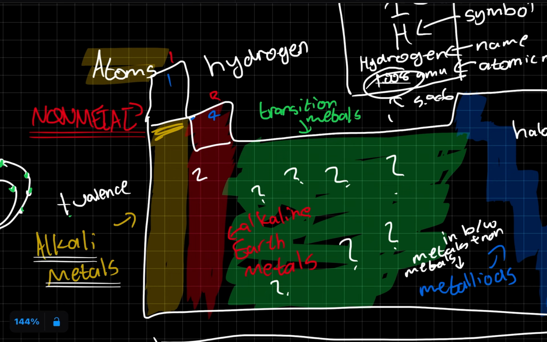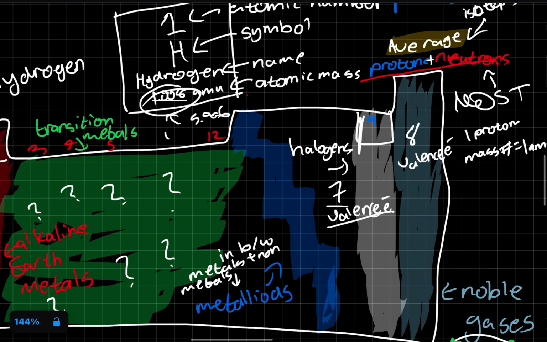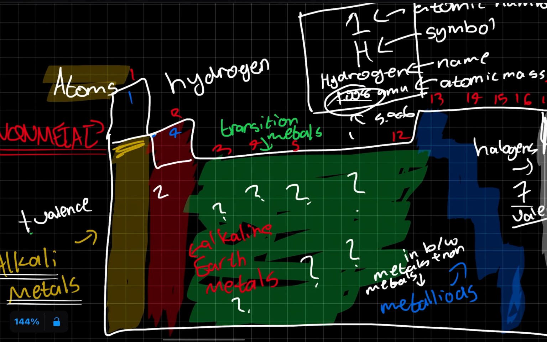Those numbers are the number of valence electrons. You can read them that way. You've probably seen 1, 2, 3, 4, 5, and then it goes all the way up to 12 over here. And then it goes into 13, 14, 15, 16, 17, 18, all the way up here.